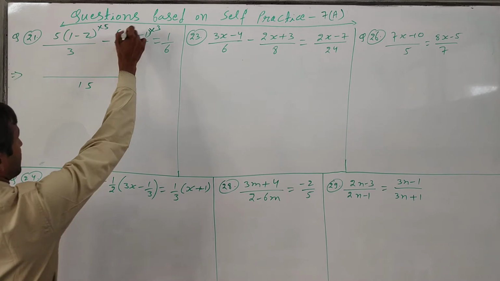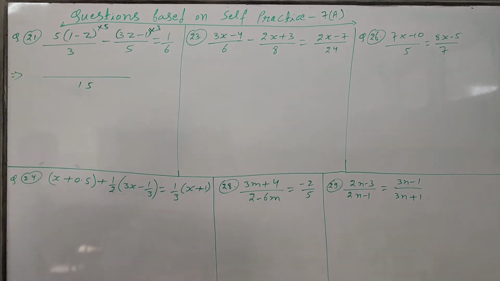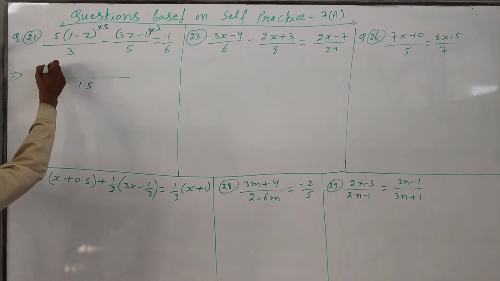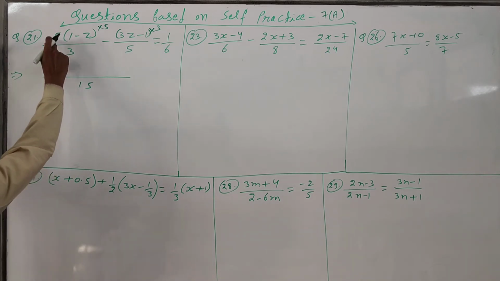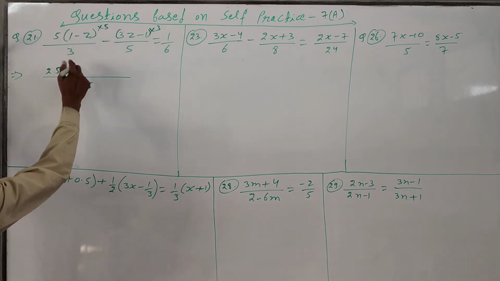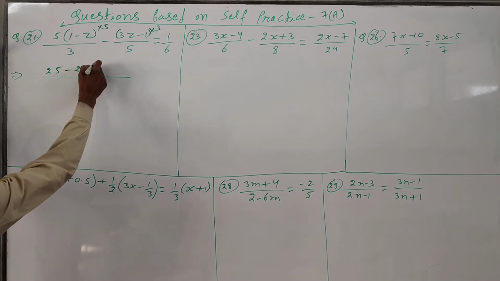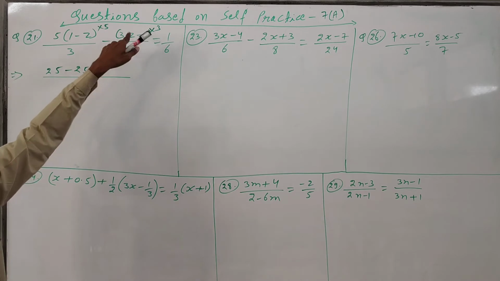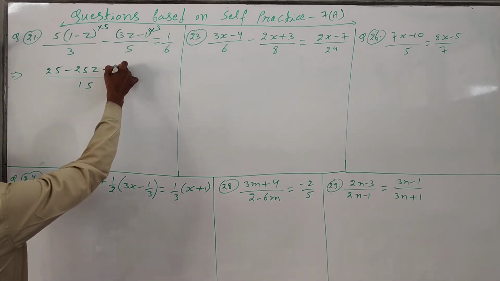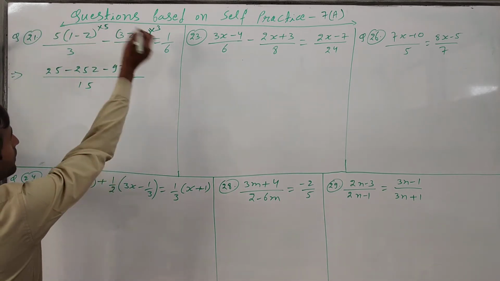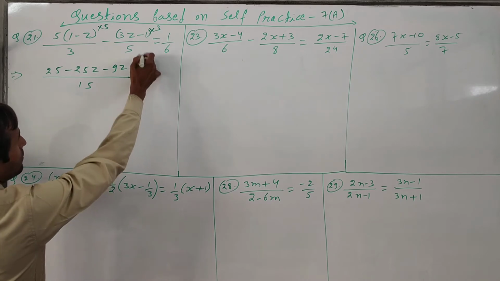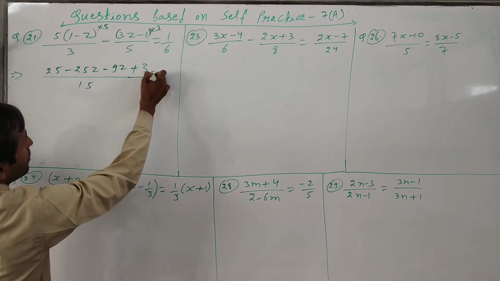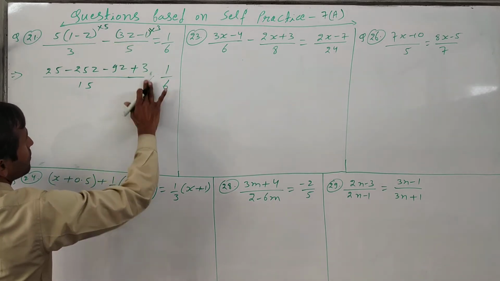Just put brackets here. After that, multiply here. Then 25 times 1 minus 25z will come. Then this 3 will multiply this 3, so minus 9z will come, and minus times minus gets plus 3, equal to 1 upon 6.